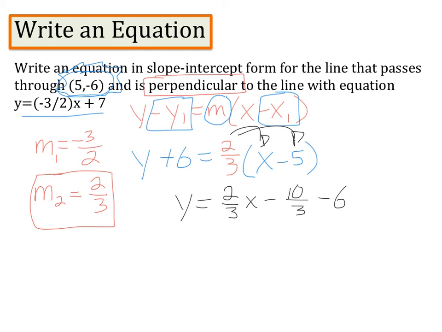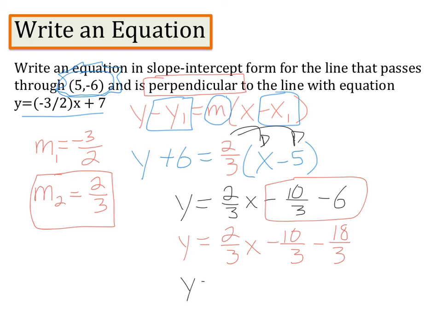So I need to simplify my 10/3 minus 6 here. So that's going to be y equals 2/3 x minus 10/3. Now I want 6 to have a denominator of 3, so that'll have to be 18/3. And then my final answer will be y equals 2/3 x minus 28/3.